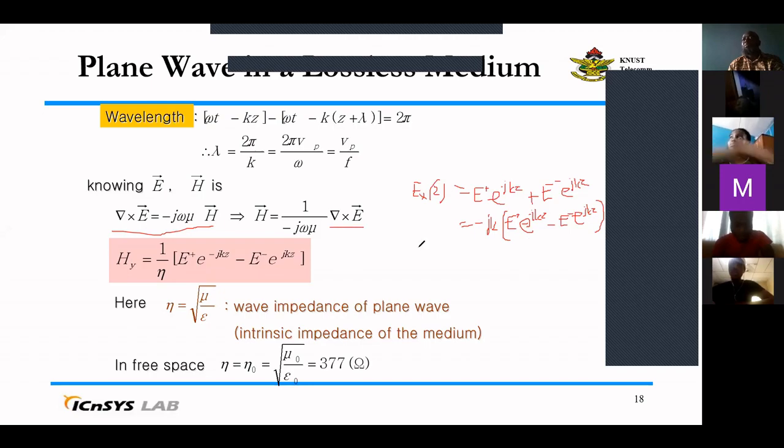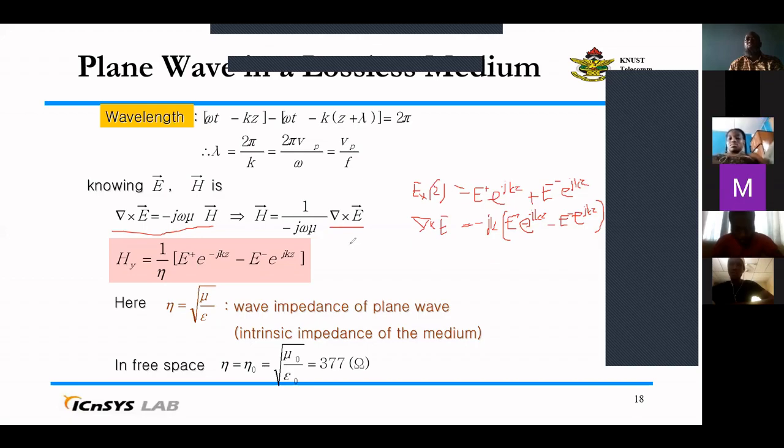1 over minus J omega mu curl of E. Now this curl of E is this. This is curl of E, is equal to this.